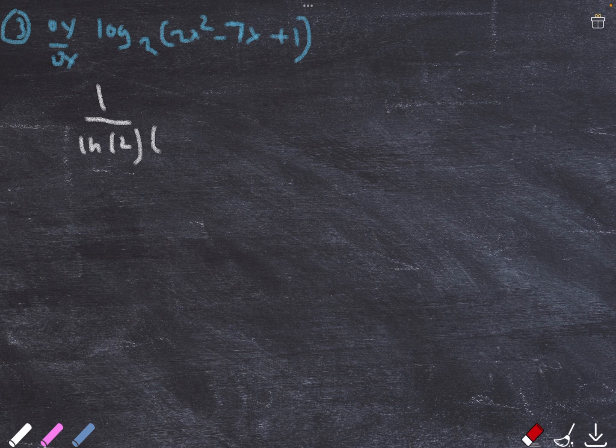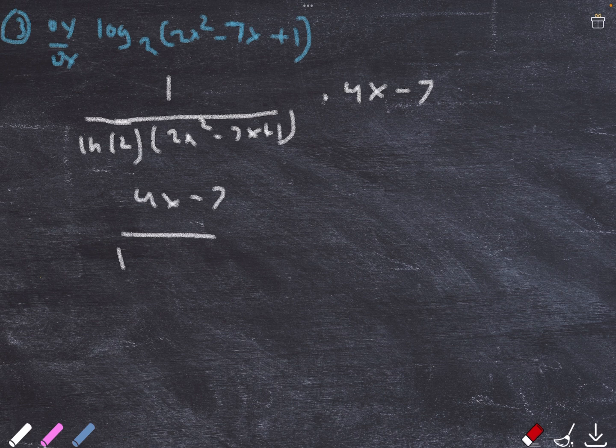So this is going to be 1 over 2x squared minus 7x plus 1. And then we're going to get the derivative of the inside function, which is going to be 4x minus 7, right? So now simplifying this is simple: 4x minus 7 over 2x squared minus 7x plus 1 as our answer.